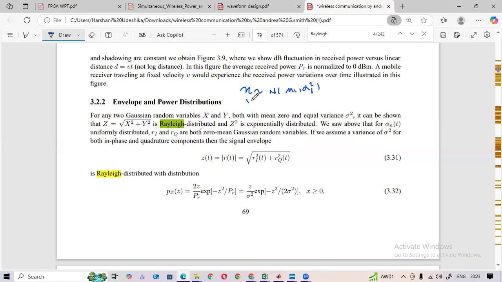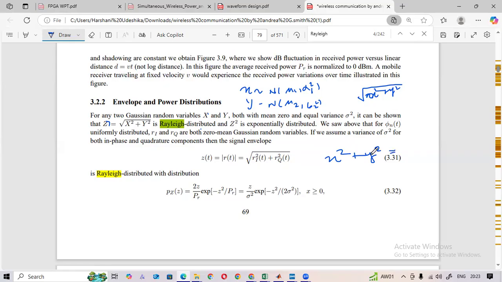And Y is also another normal distribution, Gaussian distribution with another mu and another variance. Okay. And if you get the square, x square plus y square, okay.